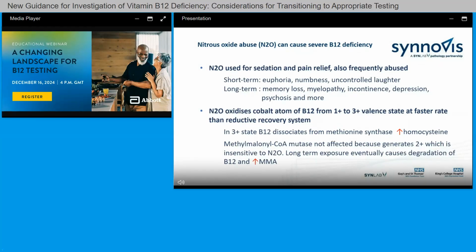The methionine synthase is no longer able to work properly, and this leads to an increase in homocysteine concentration. The other pathway, the methylmalonyl coenzyme A mutase, is not affected so much, but prolonged exposure will eventually cause degradation of B12 and eventually an increase in methylmalonic acid.